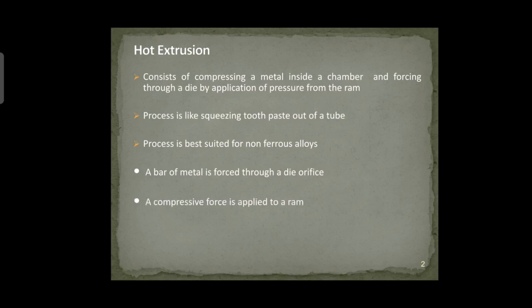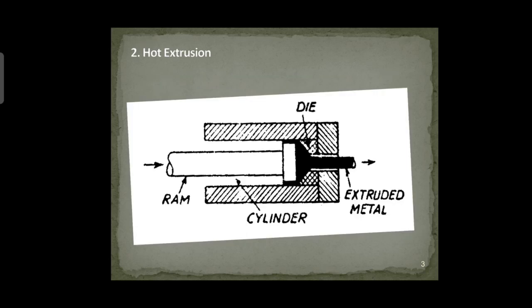Okay, and here you can see the line diagram so you can understand it. These are the elements it contains. The main thing is to apply pressure on the material, the heated metal or heated billet, so the ram is essential here.